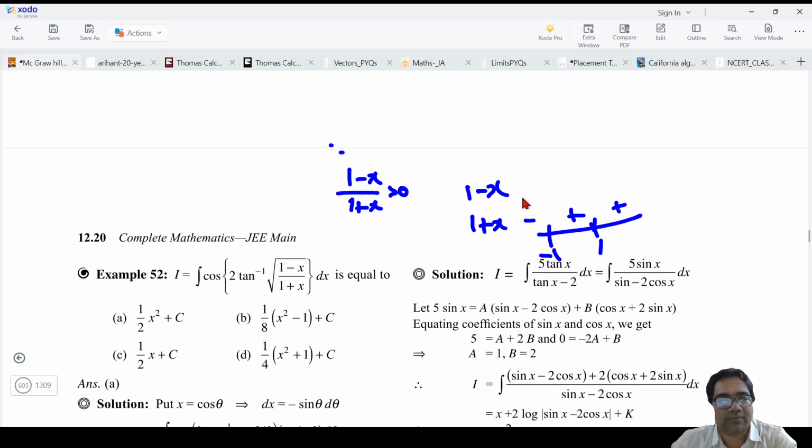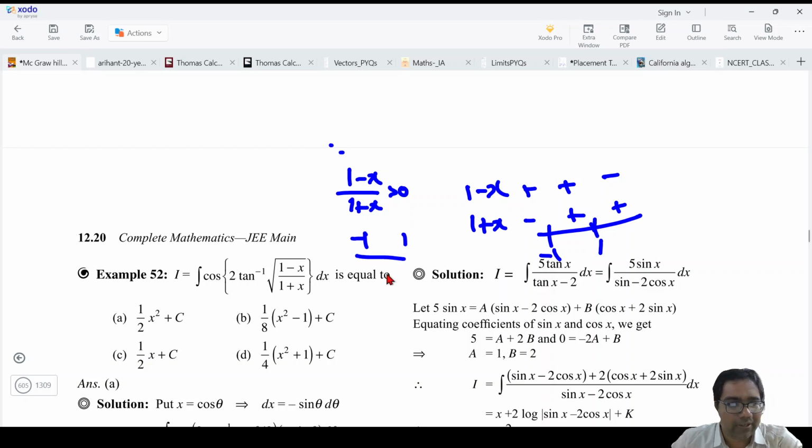When is it positive? When x is less than 1, right? So what does that mean? This expression is positive between minus 1 and 1. x is always lying between minus 1 and 1. This much we are clear.